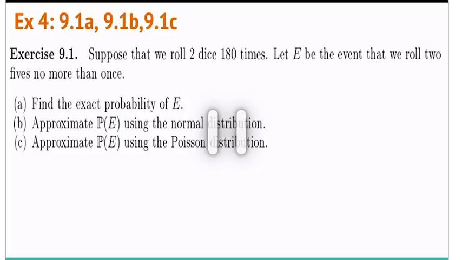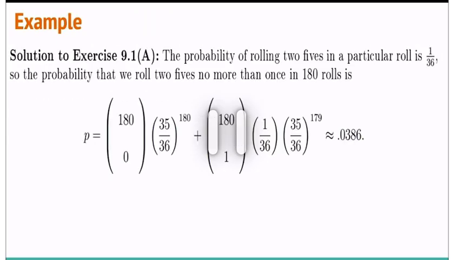Now, if I want to do that, please pay attention. I want to use binomial. Now, when I'm working with just a single die, the probability will be 1/6.